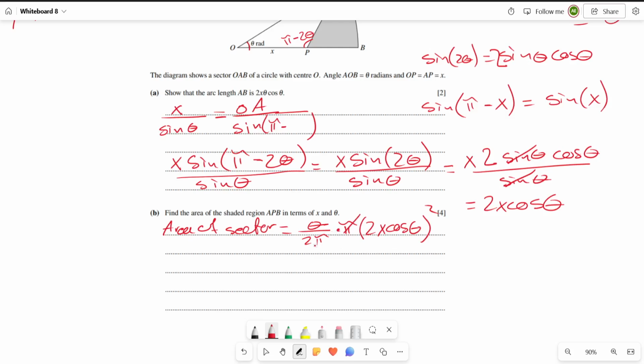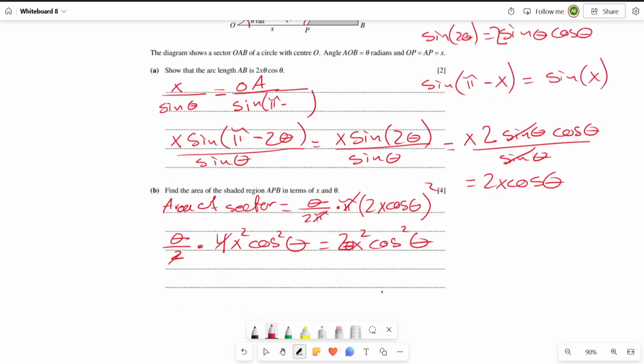Now I can see that pi and pi will cancel, and I will have theta over 2 multiplied by, let me distribute this squared to everything, 4x squared cosine squared theta. 4 and 2 can cancel, and this is going to give me 2x squared cosine squared of theta. So this is basically the area of the sector. Sorry, I forgot this theta. So this is just 2 times theta x squared cosine squared of theta.